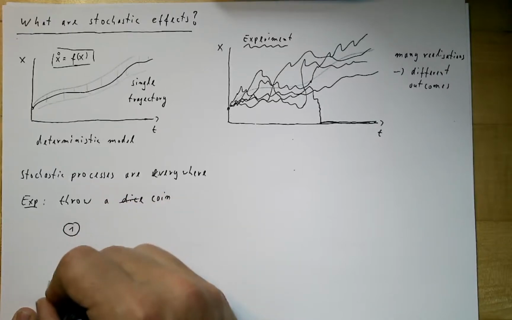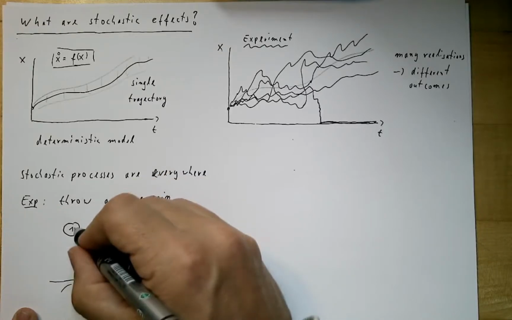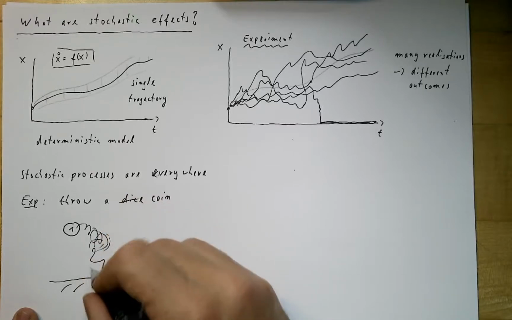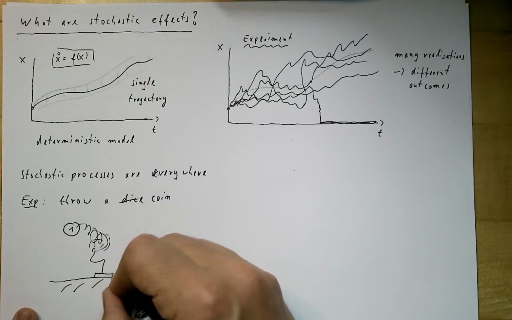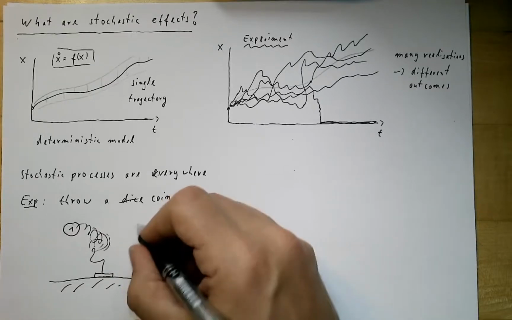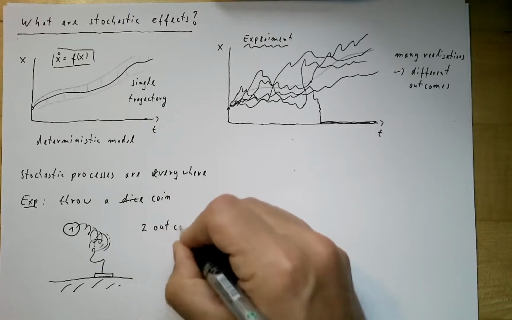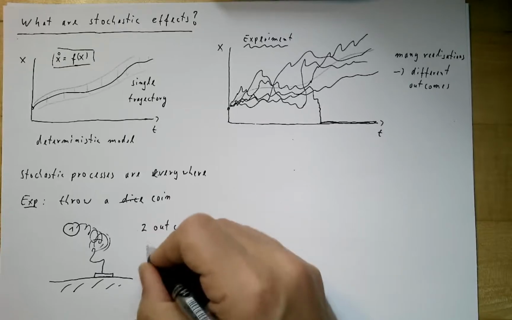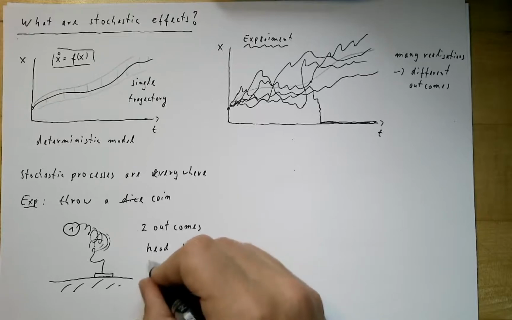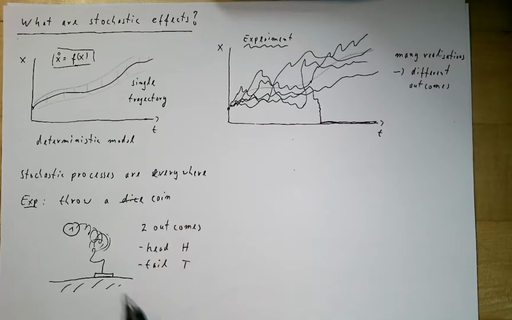Here we have the floor, and then this coin is doing some weird, complicated trajectory, and then it lands on the floor, and there's only two possible outcomes. Either we have head, which we usually call H, or tail, T. That's the only outcomes of this experiment.